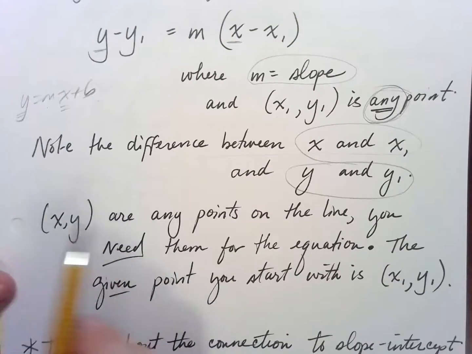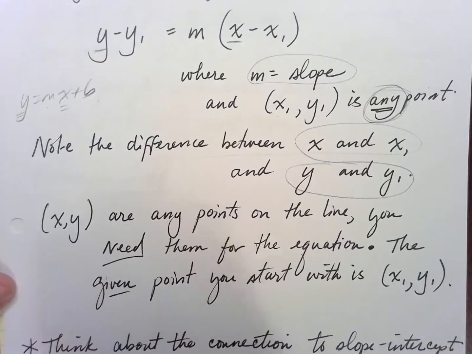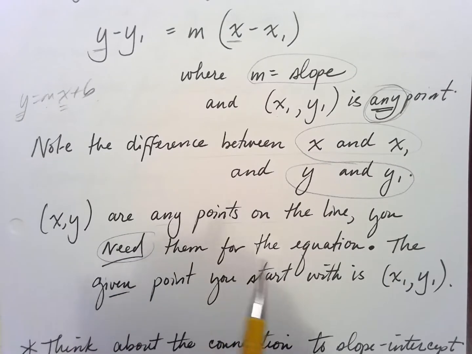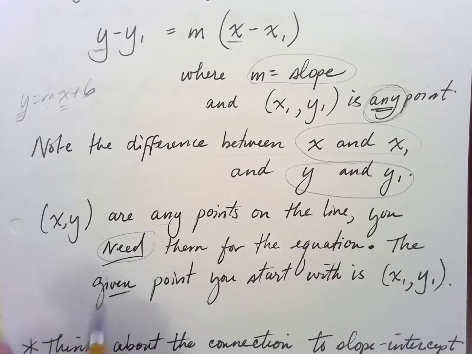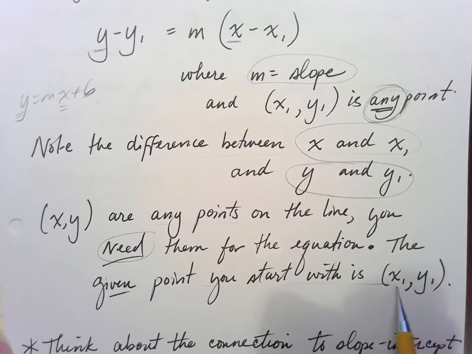So note that x, y are any points on the line. You need x and y for the equation. The given point that you start with is the x1, y1, and that could be any starting point.